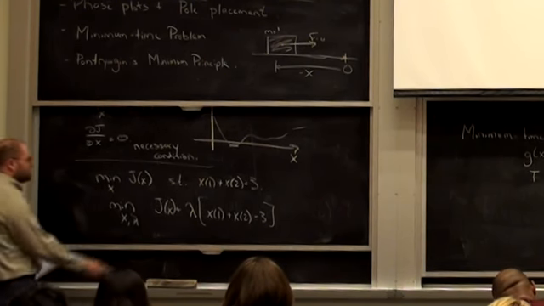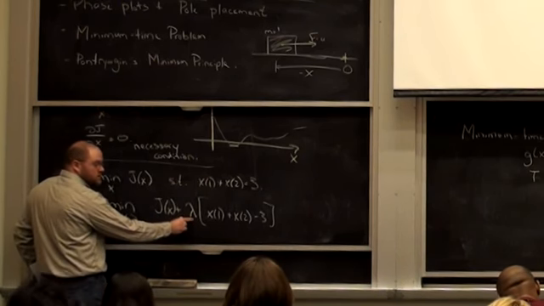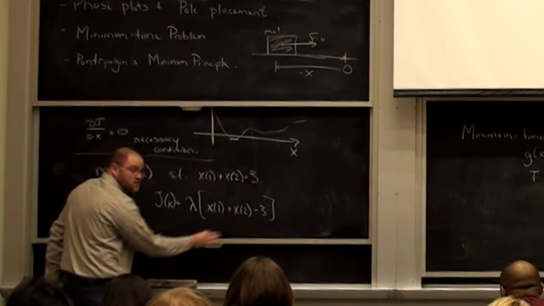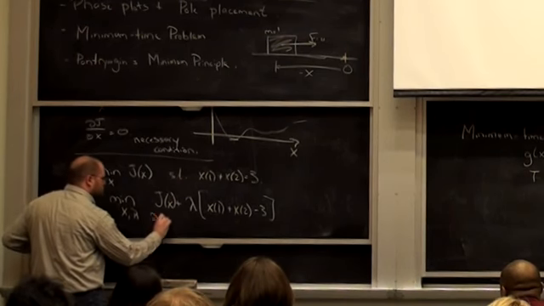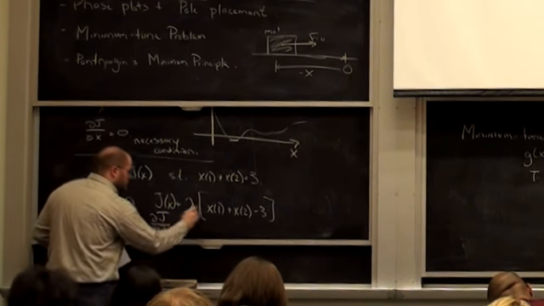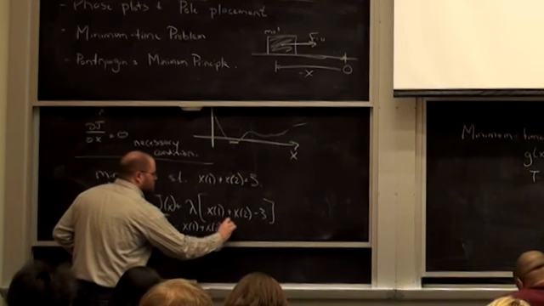It turns out if partial J partial lambda equals 0, then that means the constraint is enforced. Partial J partial lambda in this case is x1 plus x2 minus 3.